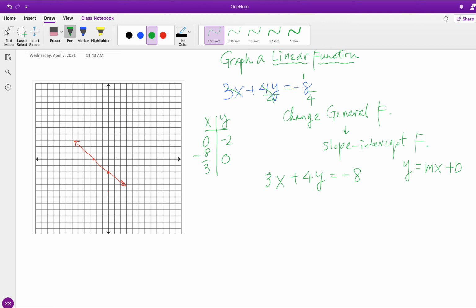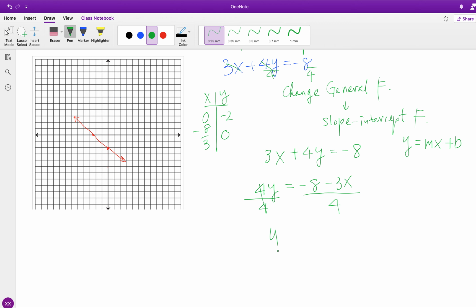So I've got to move this one to the other side. I also have to get rid of this 4. So that's easy. Move this one to the other side. Now I have 4y here. 3x is gone, it goes to the other side as -3x. And then divided by 4 on both sides. So that is gone.